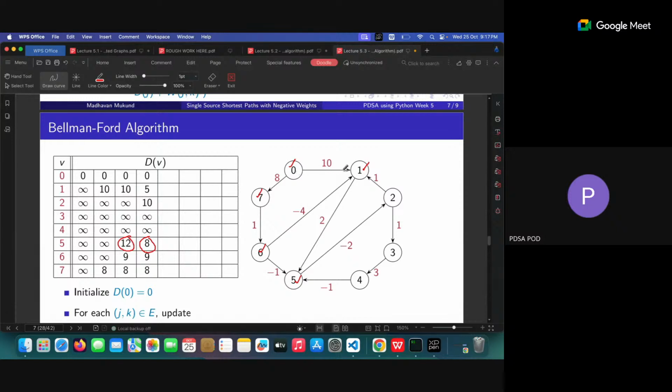So you look at 0 to 2, that is 0, 1 is there, and 10 and 12. 0 to 2 is 10. Okay, this path is 11. Now we have an optimized path. 0 to 8 and 9, and this is 8.